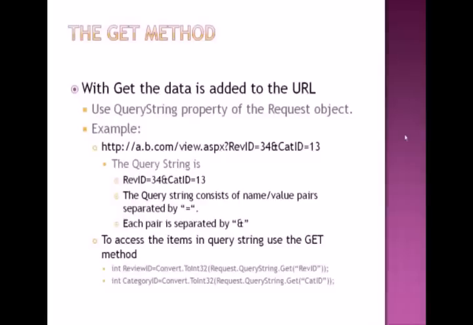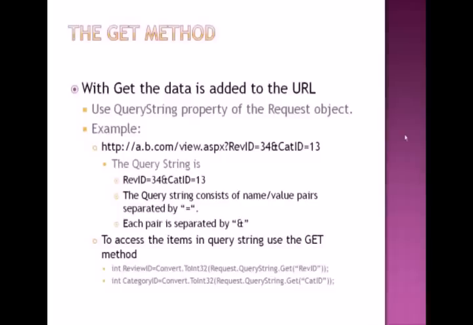Finally, if you want to access this information within your website, in your C# code behind file, you could use the get method of the query string. For example, to put the user input from the review ID into a variable, you could use Convert.ToInt32, because these values are strings.